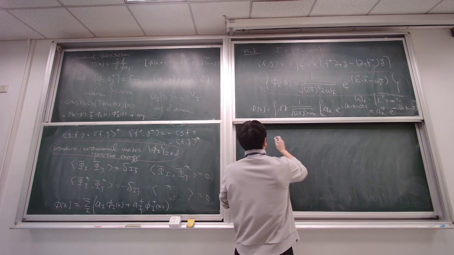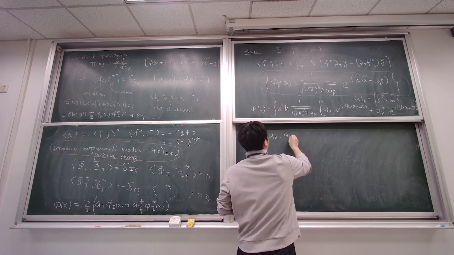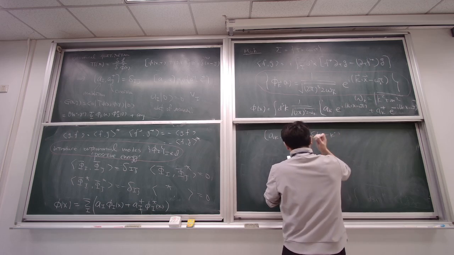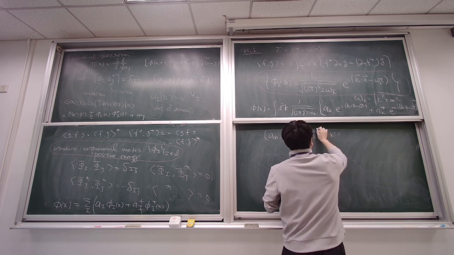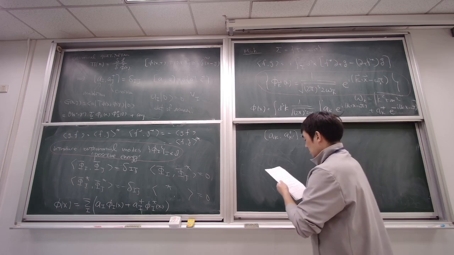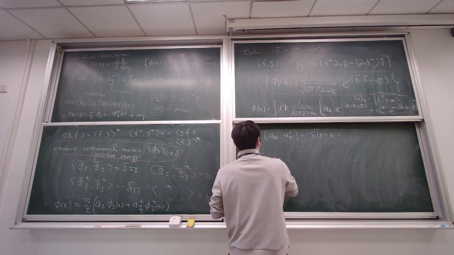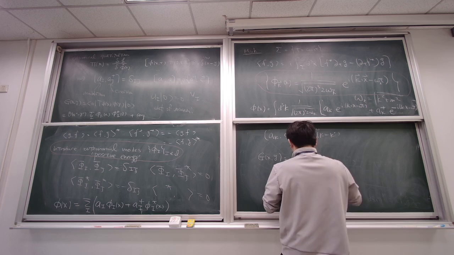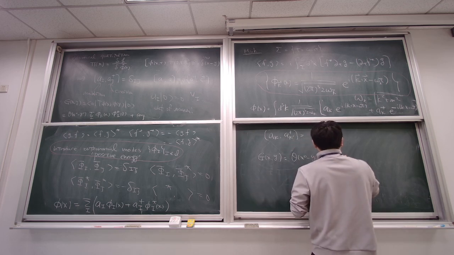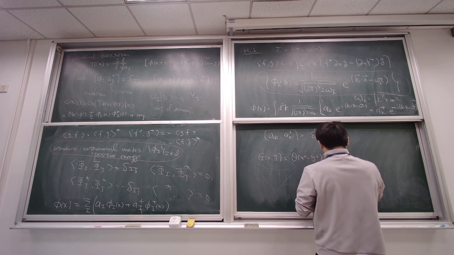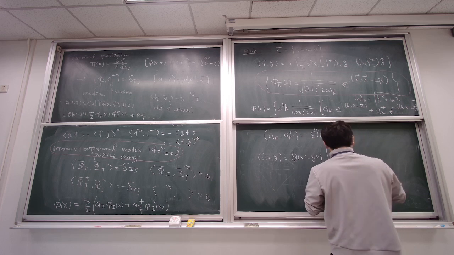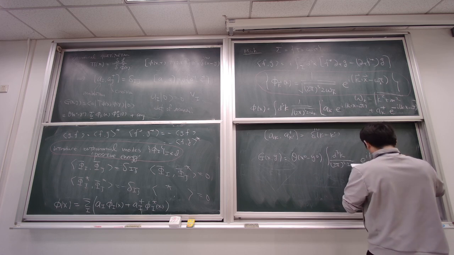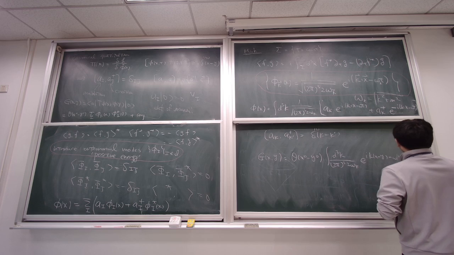And then, of course, we know that it's something like delta of k minus k prime, delta cubed, and the rest is 0. And the Green function G of x, y is given by theta of x0 minus y0, and then the integral d^3k over 2 omega k, e to the i k·(x minus y) minus omega k (x0 minus y0).